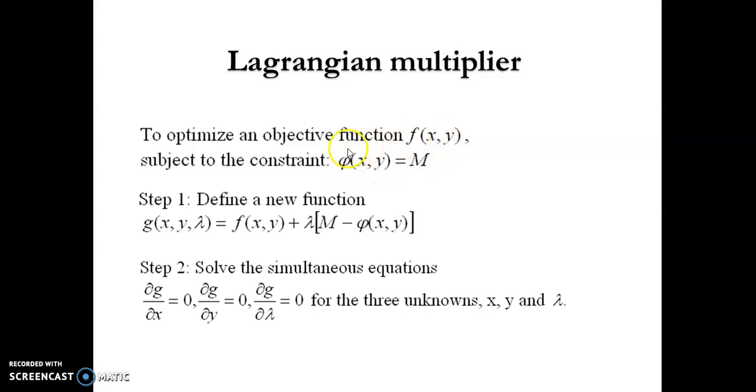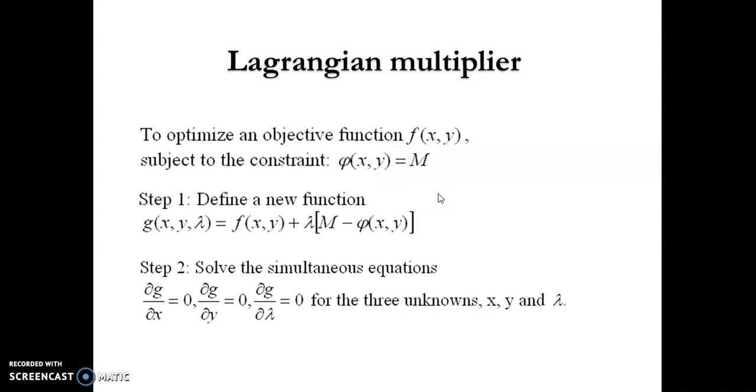So we want to optimize this function, subject to our budget constraint. Our budget constraint here, that symbol is phi, a Greek letter, and this tells me that phi is a function of two variables. We have x and y, and m is the constant which is known, so that could be your income or the budget, and we want to optimize this function over here, so that could be your utility function, for instance, subject to this budget constraint.